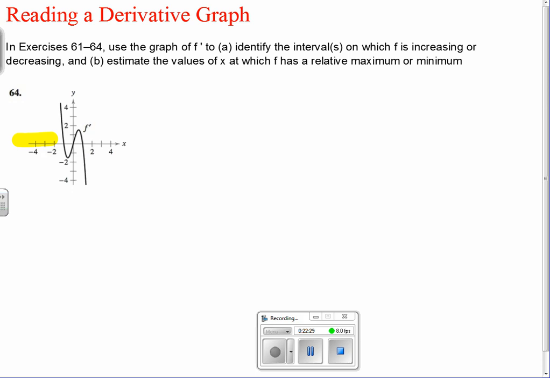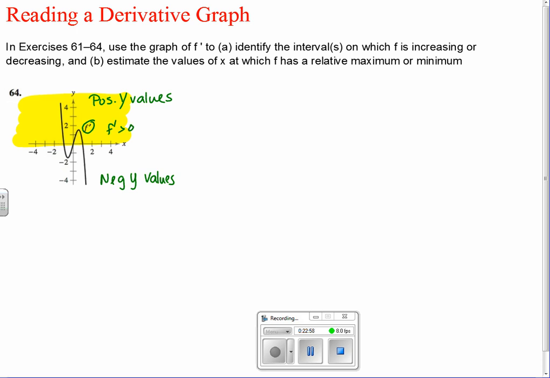What I know about a coordinate plane is above the x-axis I have positive y values, right? Positive y values reside above, negative y values reside below. So anytime this graph is sitting above, it's telling me my derivative, f prime, is greater than 0.